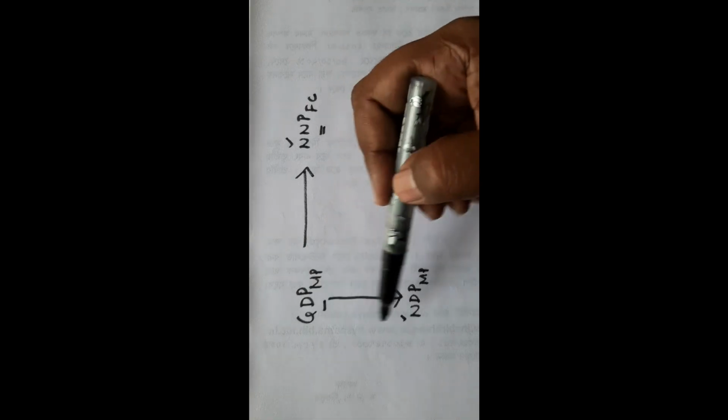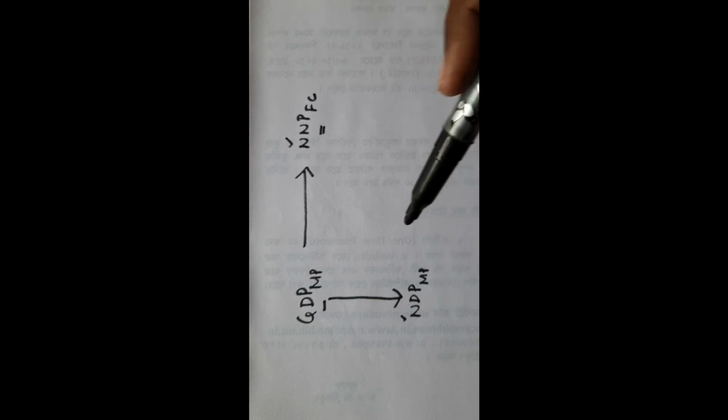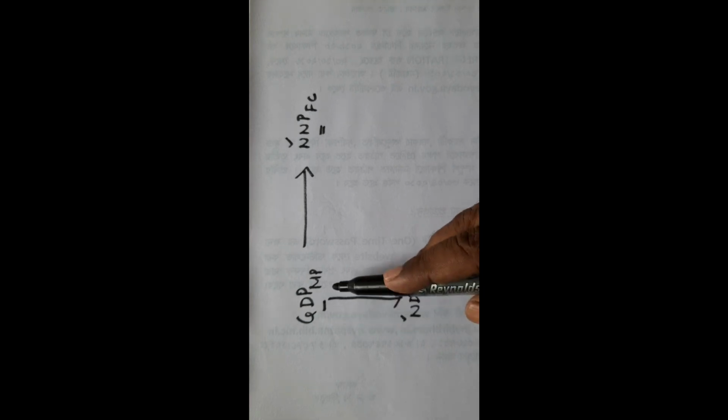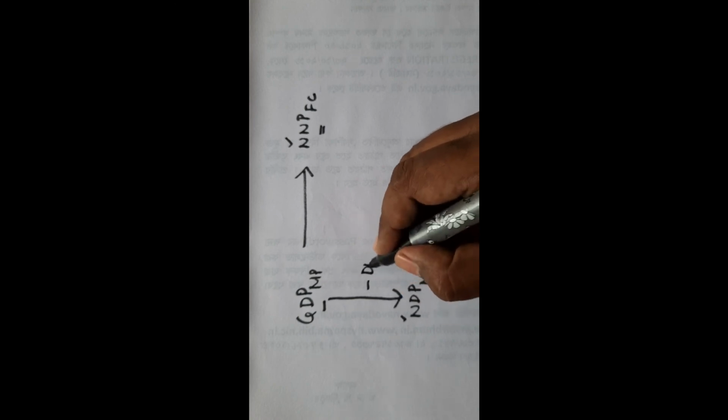So this G is converted to N. Here G stands for gross domestic product and NDP stands for net domestic product. So what do we have to do here? We have to convert the value of GDP at MP to NDP at MP. From the gross value, we shall subtract the value of depreciation.